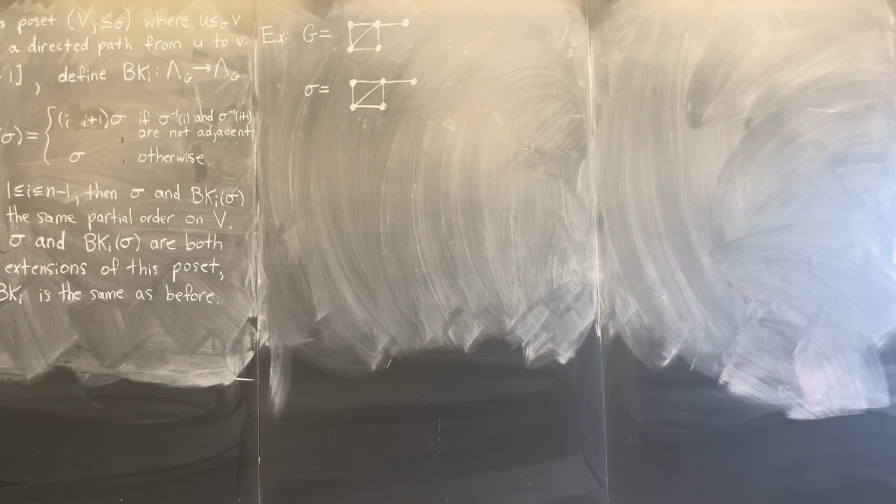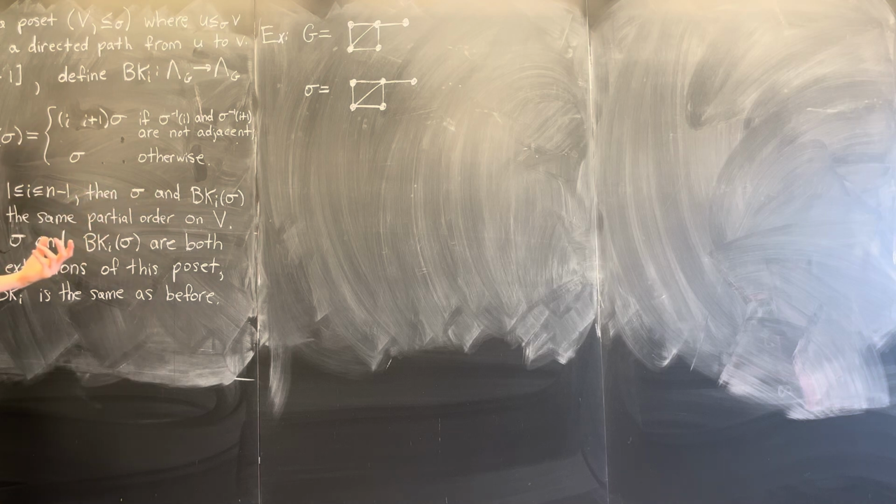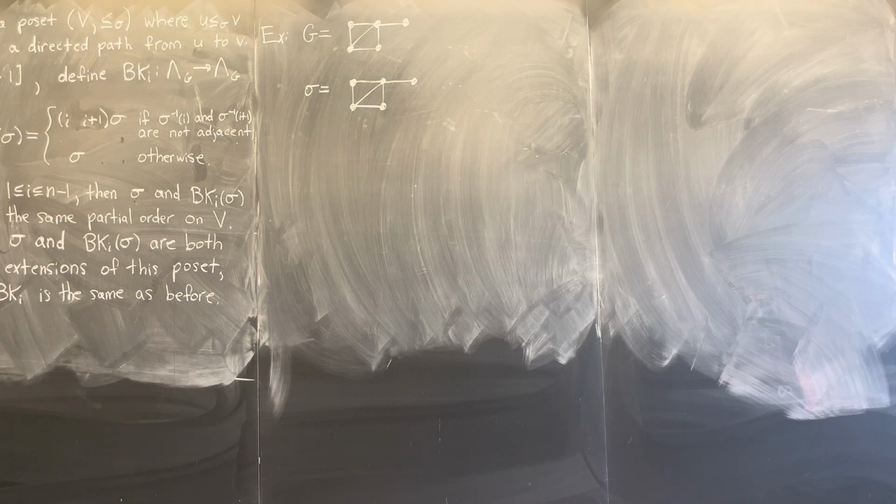Okay. The point is that I can view this as a poset. Because sigma and bk sub i of sigma are both linear extensions of this poset, I can think of it as: I took sigma, which is a linear extension of some poset, and I apply the other bk sub i that I defined a few classes ago, because now I defined that on linear extensions of a poset, and I get some linear extension of the same poset, and my claim is that that is the same as this linear extension of the same poset.